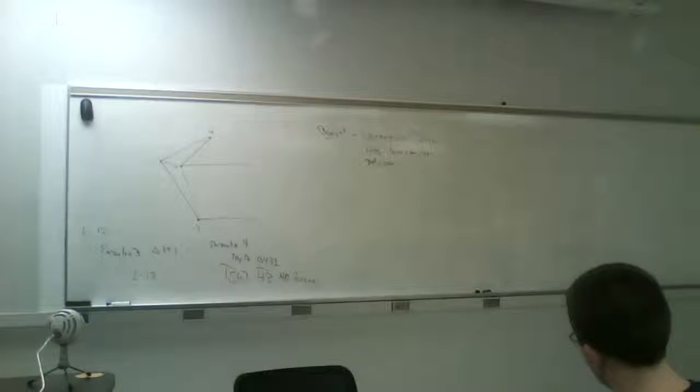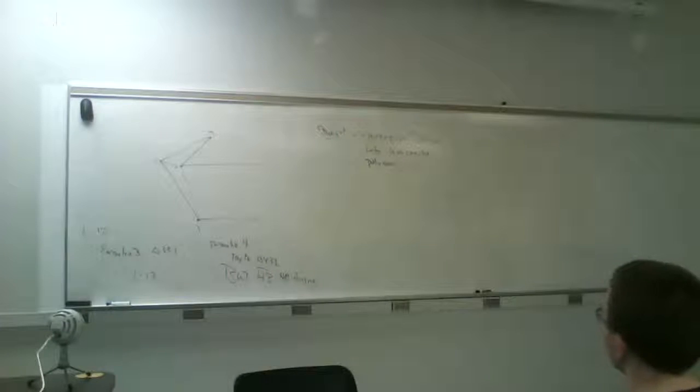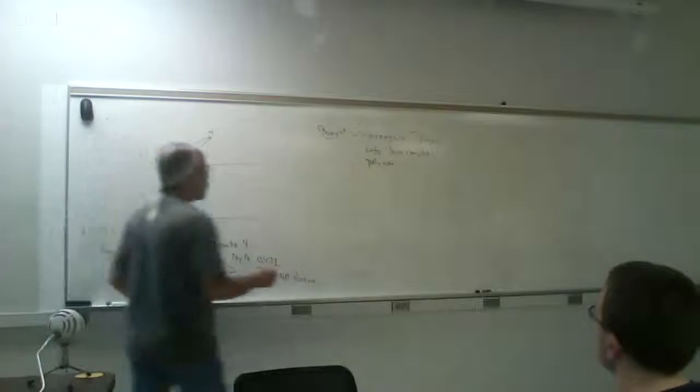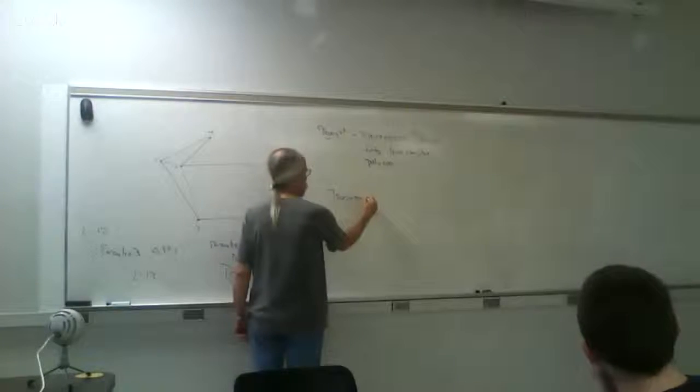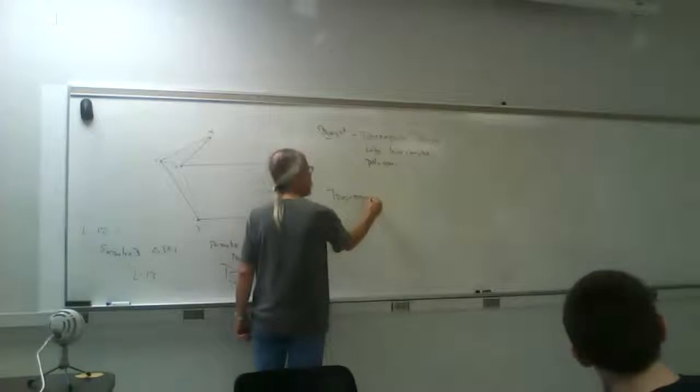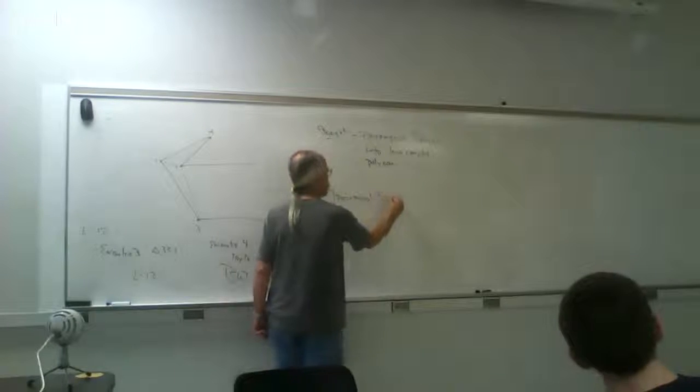What we're going to look at today winds up being a decomposition, and what's cool about it is you can do the triangulation as you find the decomposition. So it's called a trapezoidal decomposition.